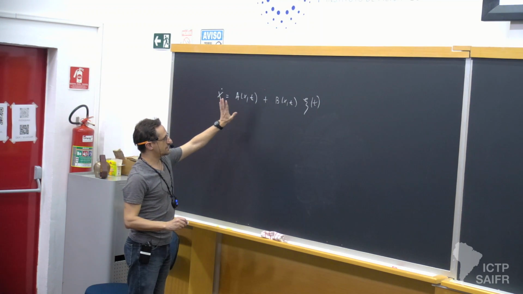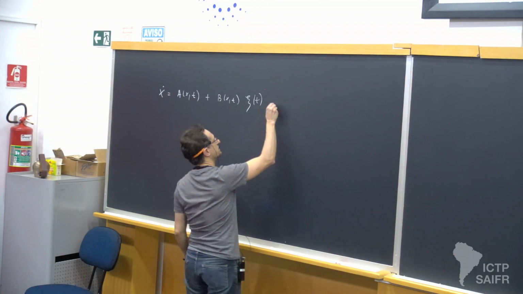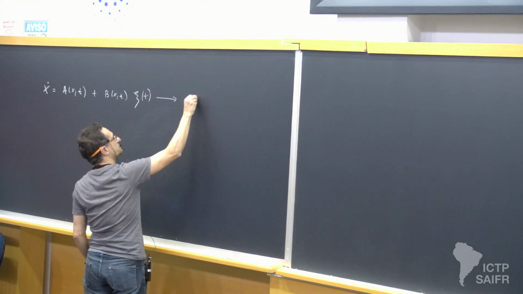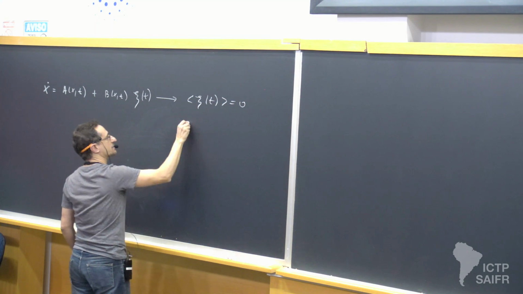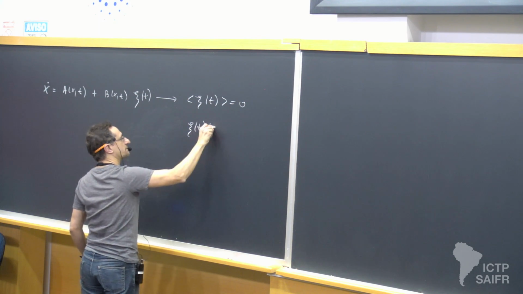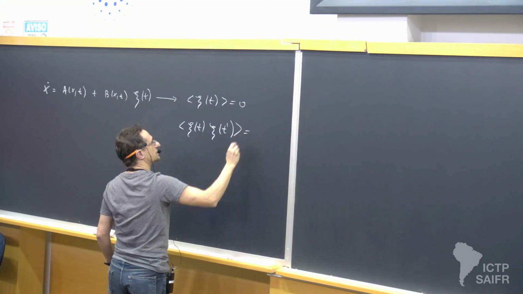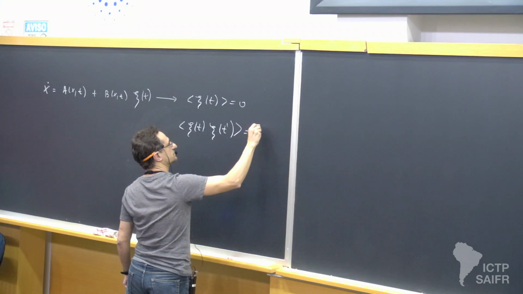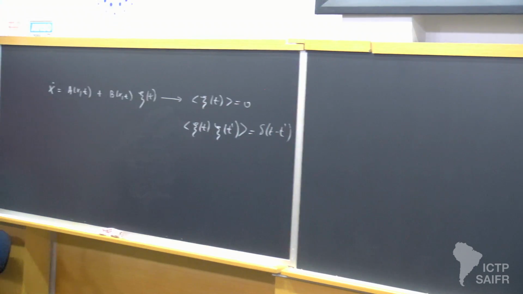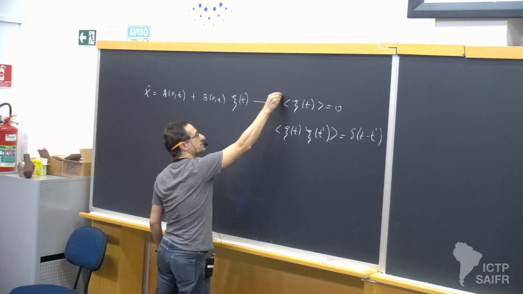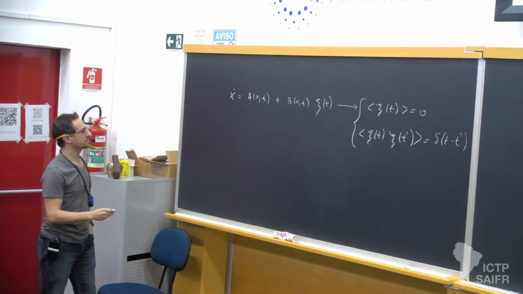The properties of this noise are the following. This delta correlated noise means that the average is 0, and if you take the correlation, you get the delta. So this is white noise, delta correlated noise, that kind of name.